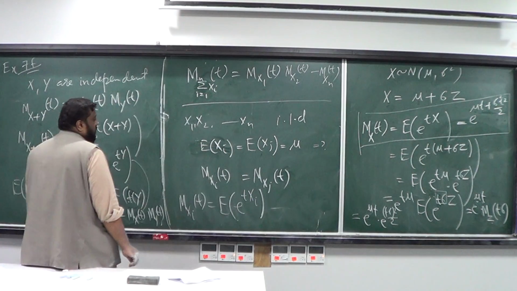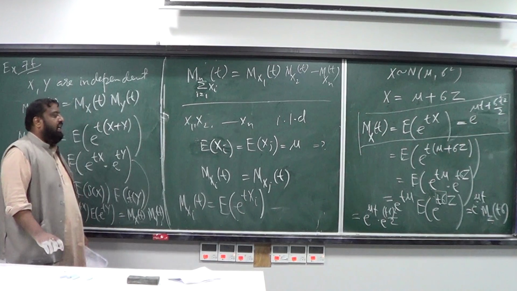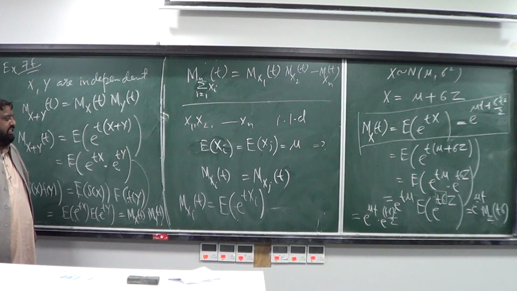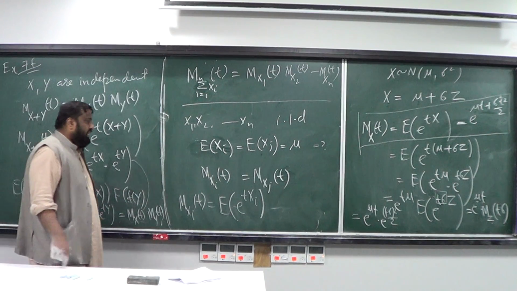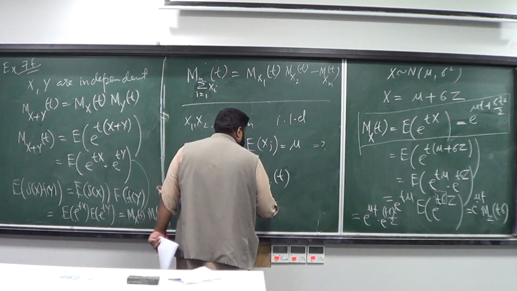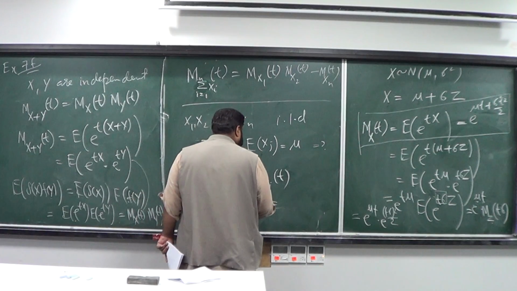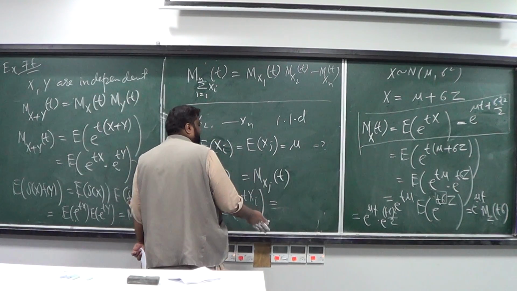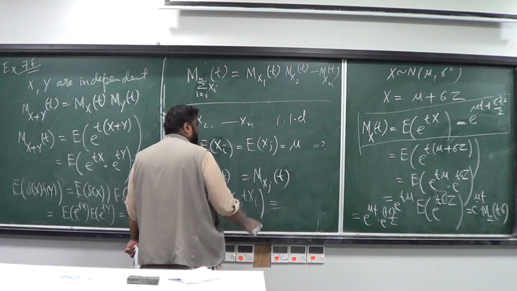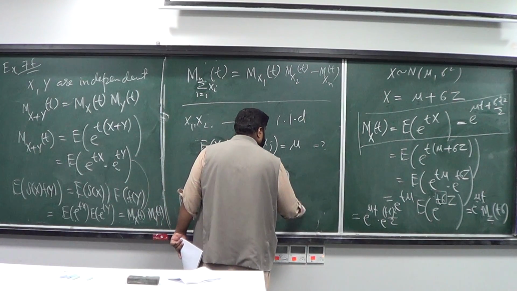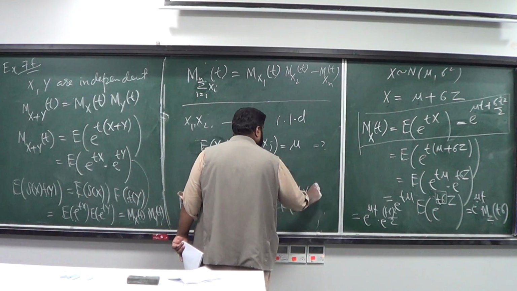Okay, this is going. Now since the random variables are identically distributed, it is not difficult to see that this expectation, whether it is discrete or continuous, is equal to the expectation of e to the t xj.